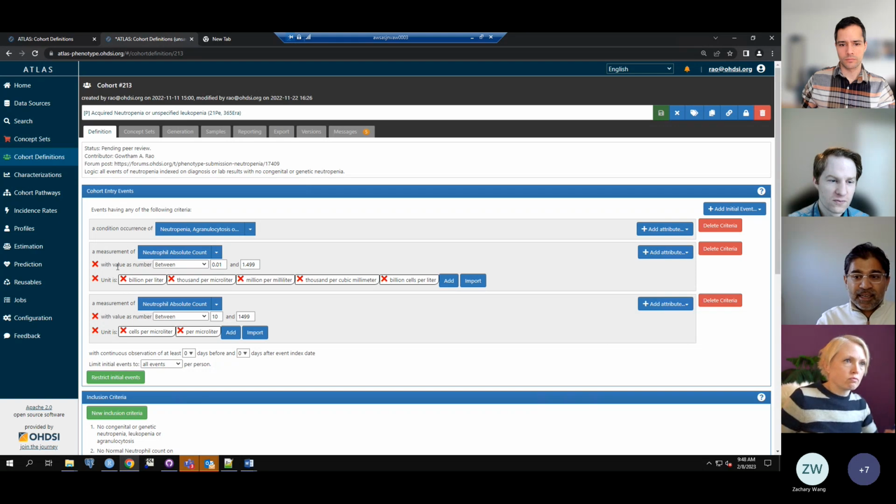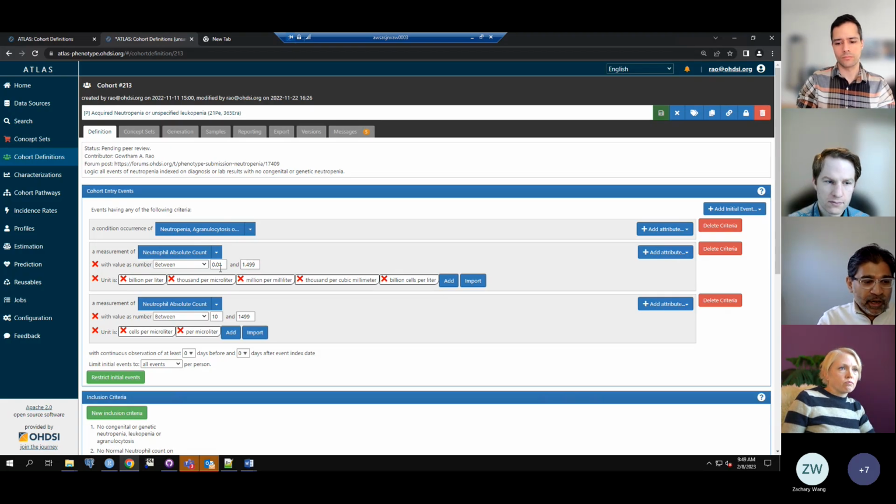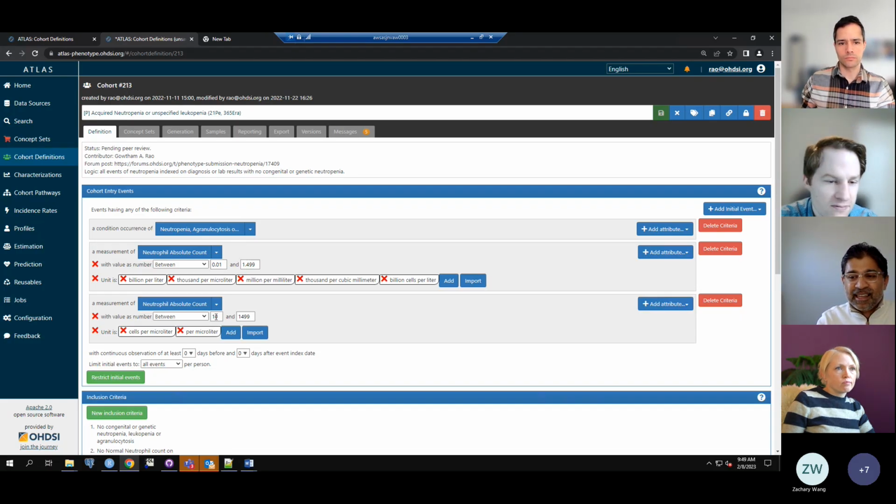And then we said it's neutropenia, so it has to be less than 1.499 in that unit, but more than 0, because 0 could mean negative. So we don't want 0 because of data quality issues. We know that 0 or 1 usually means yes or no. And then on another scale, it was cells per microliter and per microliter.